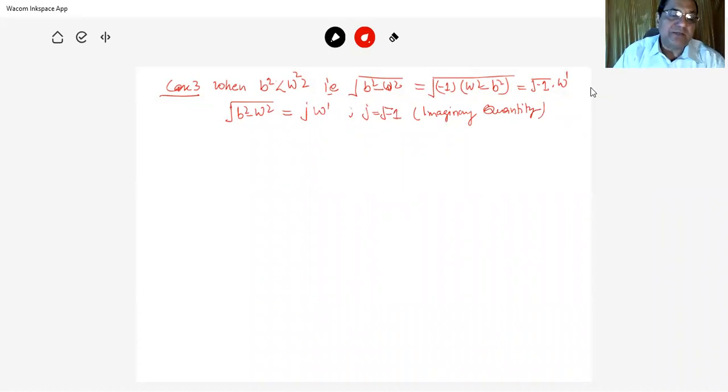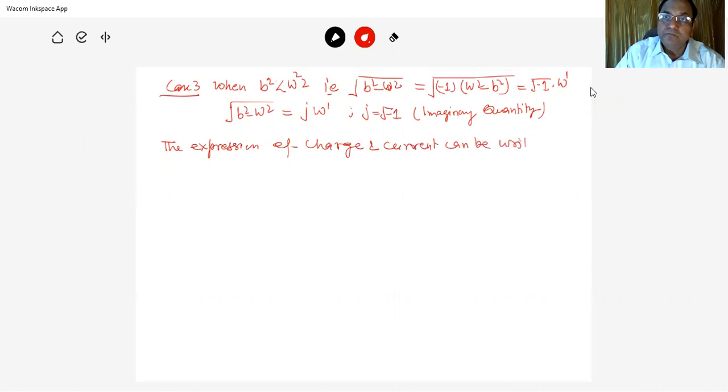During this imaginary quantity, the expression of charge and current can be written as. What is the expression of charge?